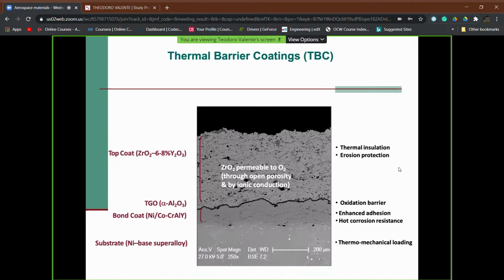You see here on the picture ZrO2, the partially stabilized zirconia. I will be back in a moment to this concept. Then at the base of the picture, you have the substrate, that is the nickel-based superalloy.